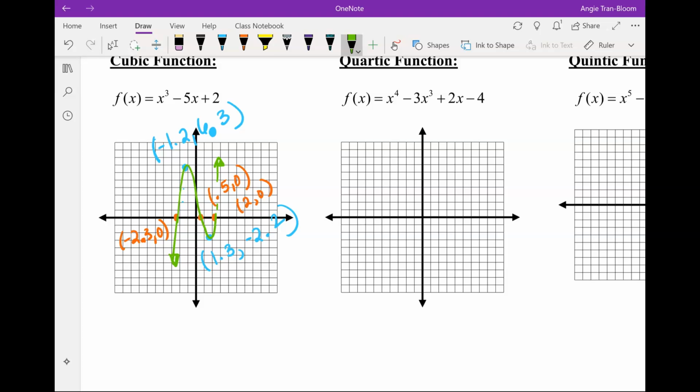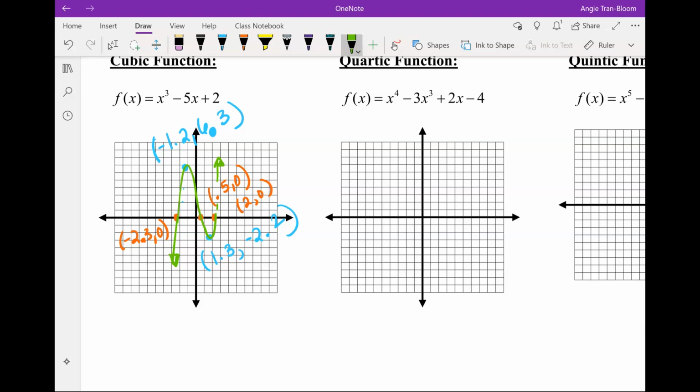Okay, let's do the same thing for the quartic. Can you go back to y equals, and I want you to hit clear. Then enter in the quartic equation to practice. If you have decimals, feel free to use decimals.